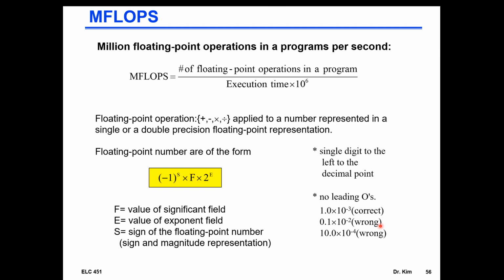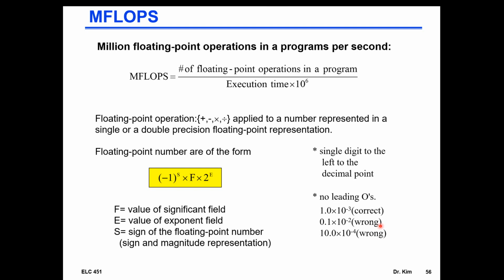Another metric, for those machines that have floating point capabilities, is the MegaFlops, or millions of floating point instructions per second. So it's very similar to MIPS, but instead of just talking about instructions in general, it's talking about floating point instructions.